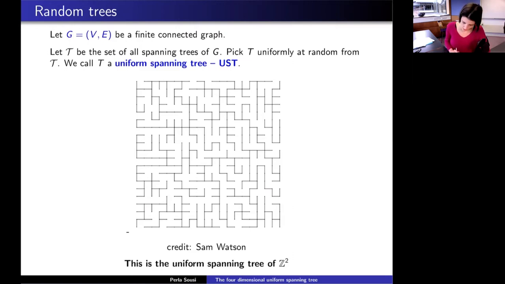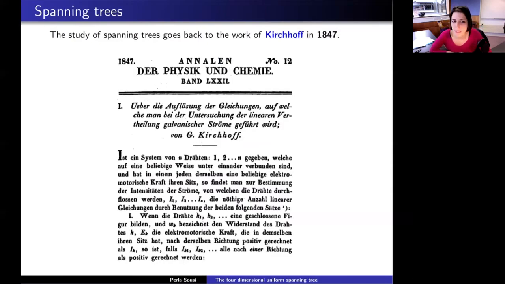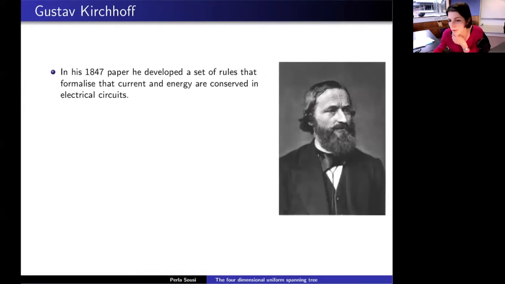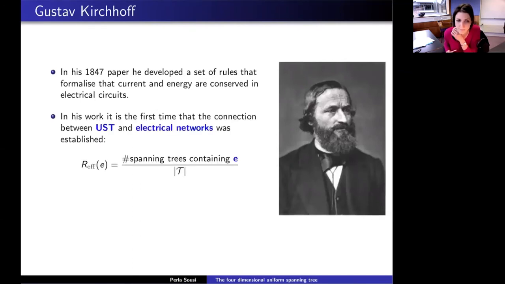You may be surprised to hear that the study of spanning trees goes all the way back to the 1850s, and in particular to the work of Kirchhoff, whom everybody knows for his foundational work on electrical networks. This is the first page of his paper, which is in German. In this paper, he developed a set of rules that formalize that current and energy are conserved in electrical circuits.